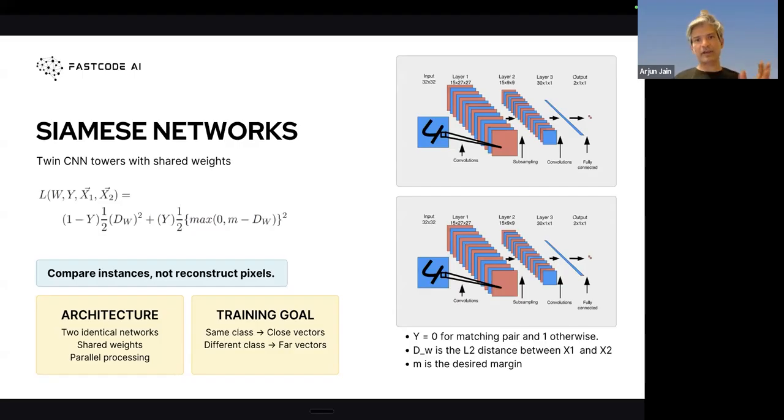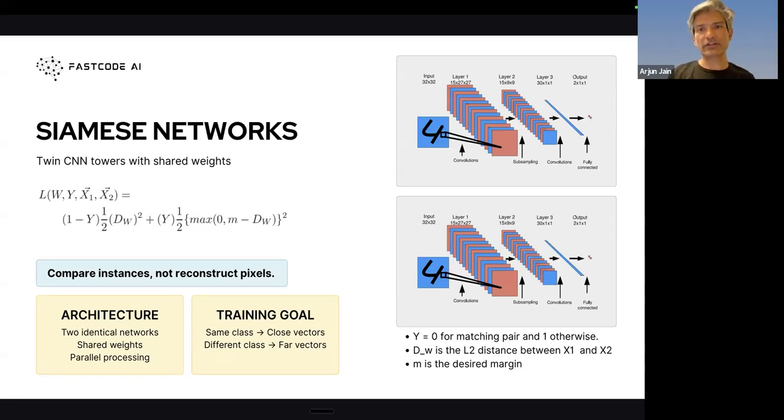Or what you do in reality is you create many such pairs, and creating those pairs itself is something to think about, because positive pairs are limited. Let's say you have a class with 10 examples, but negative pairs are way more, because you can have negative pairs with all the different classes. So which negative pairs should you work with, and what kind of batch should you create? More on that later.